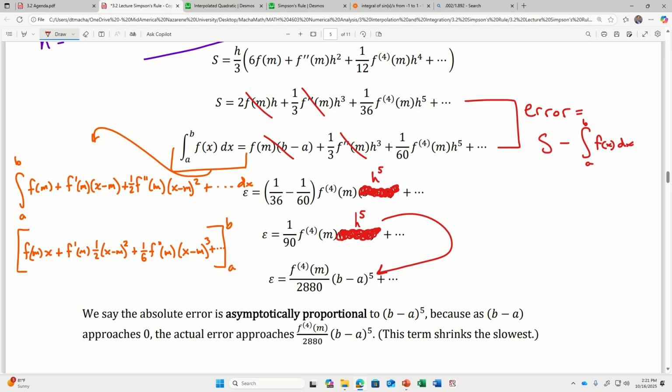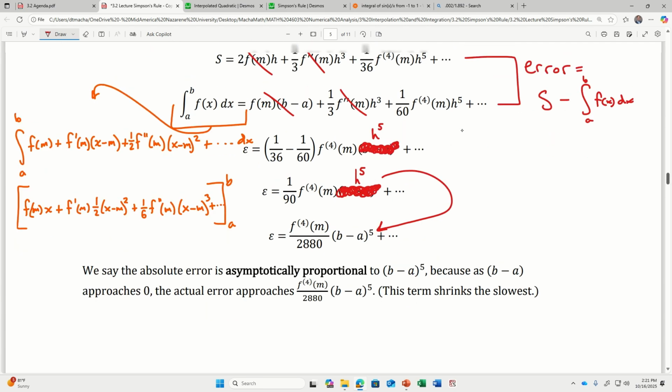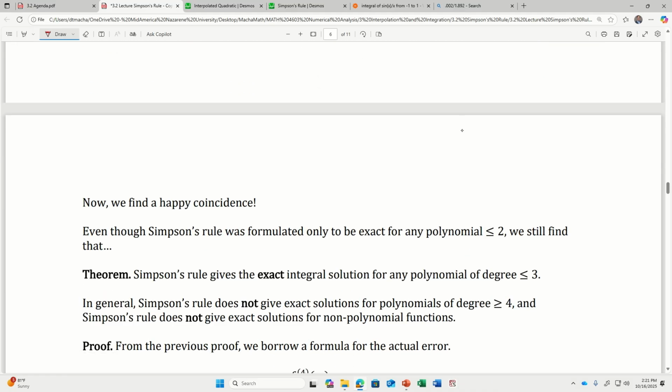Or you could just say it's asymptotically proportional to b minus a to the 5th, which is pretty good. I mean, that converges very quickly if b minus a gets small. So it's a good approximation method. That's why we saw just a moment ago with our example that we got a really close approximation.